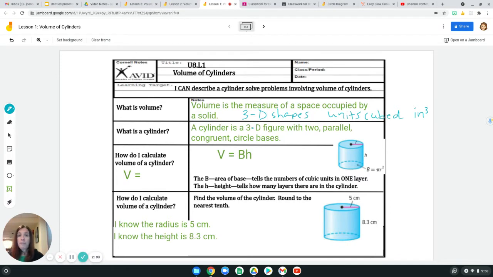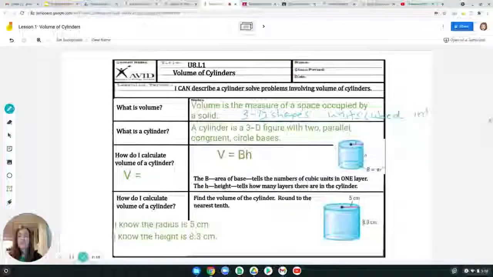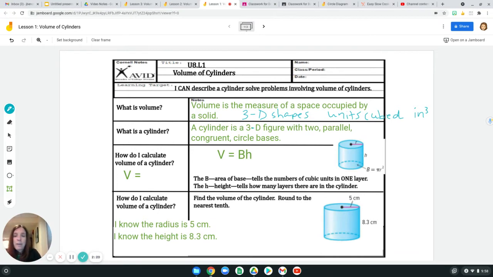So the formula for volume, there's one that covers all of our 3D shapes, and then we break it down for our specific shape. So volume is capital V equals capital B, which stands for the area of the base. So you see that right here.